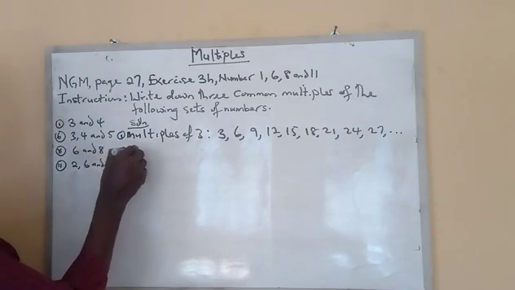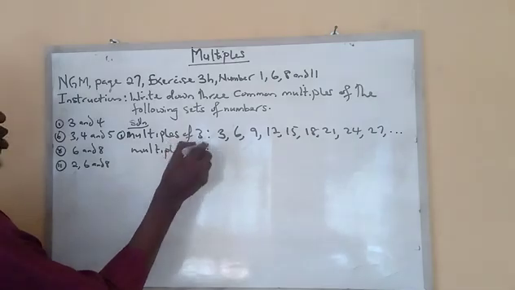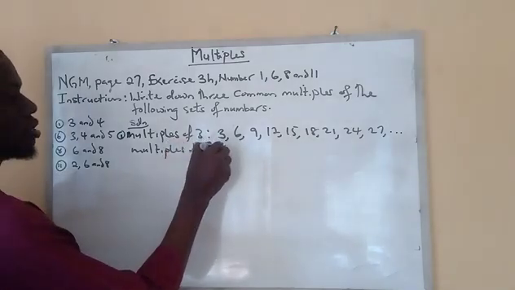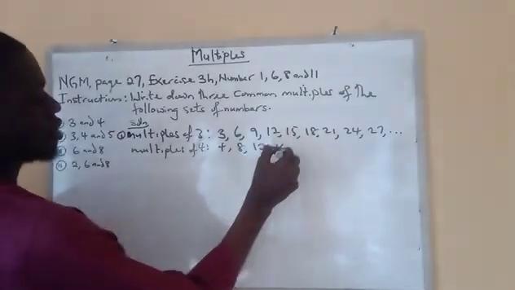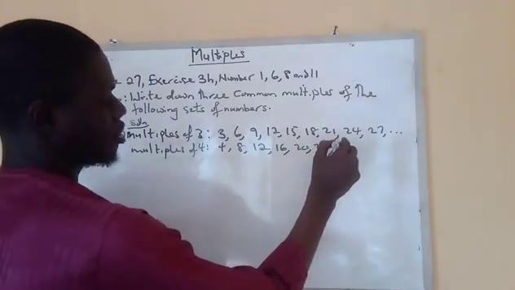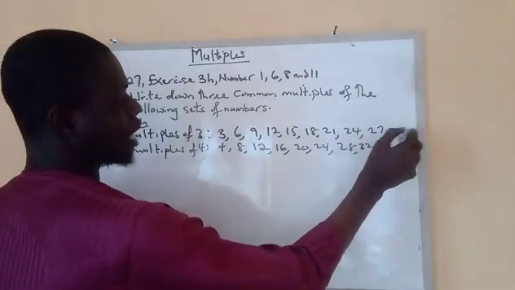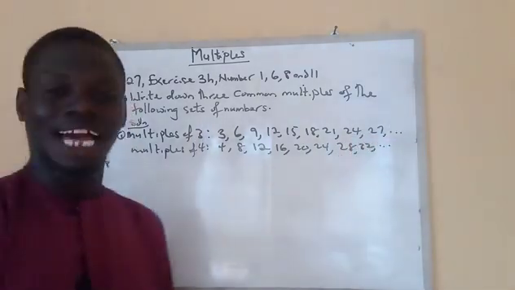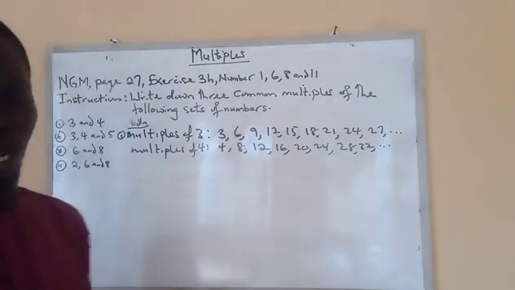Then multiples of 4 are 4 itself, 8, 12, 16, 20, 24, 28, 32. It also extends forever. You can't write all the multiples because multiples of numbers extend forever.